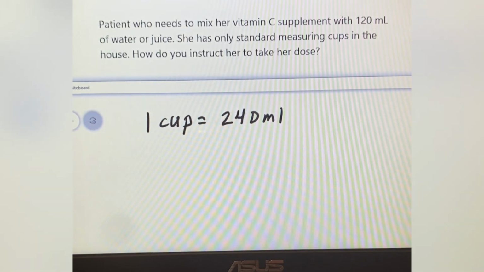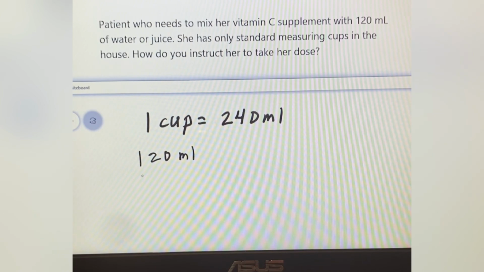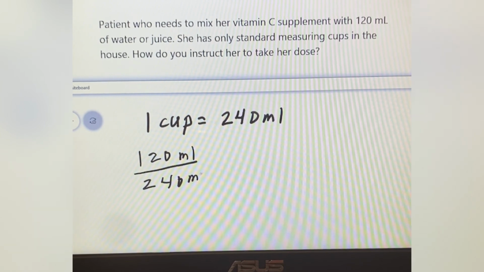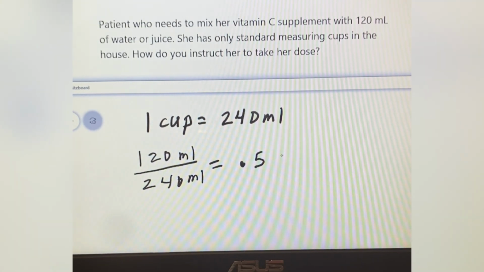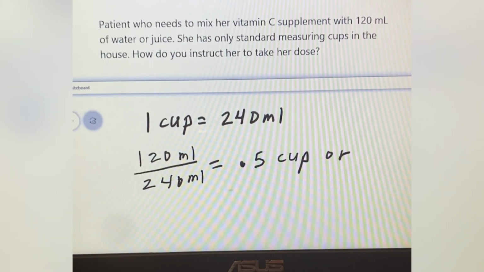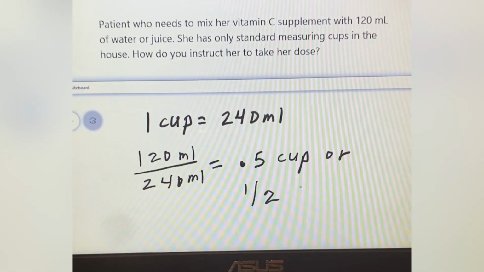The order is 120 ml. Now this 120 ml divided by 240 is equal to 0.5 cup, or half cup. You need to give half cup.